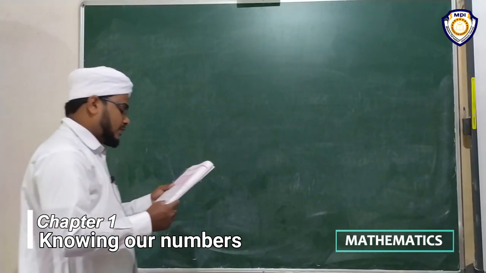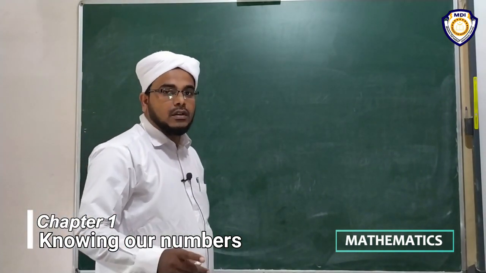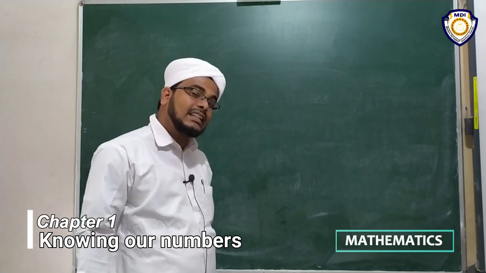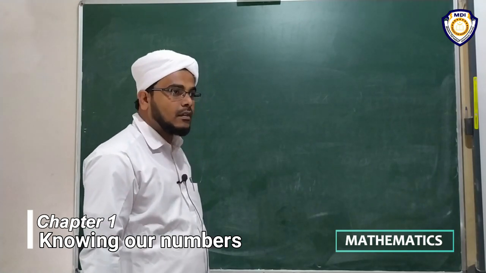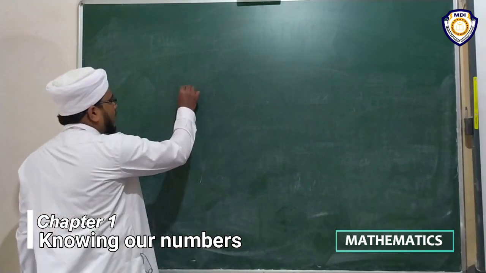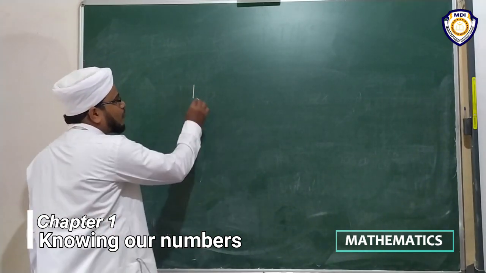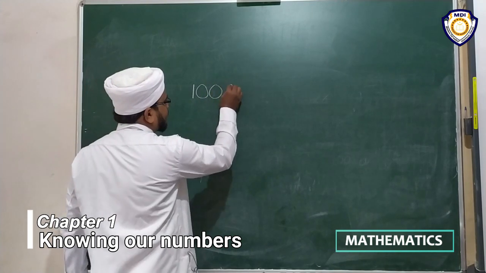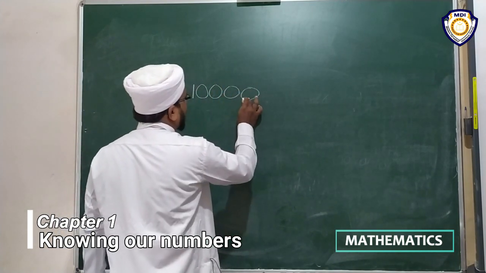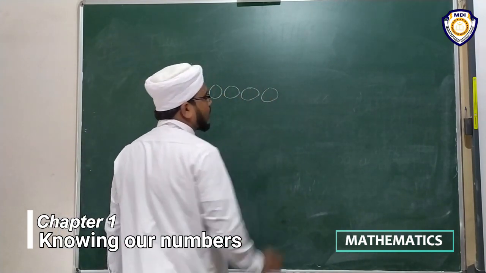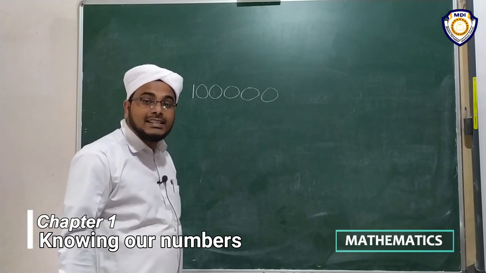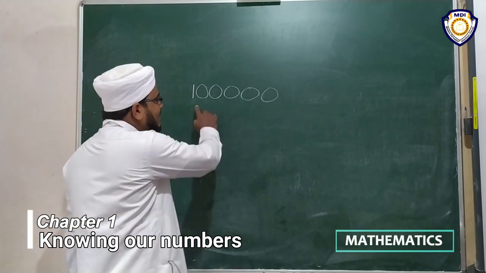Which is the smallest 6-digit number? Please give 1, then give five zeros. Then you get the smallest 6-digit number.